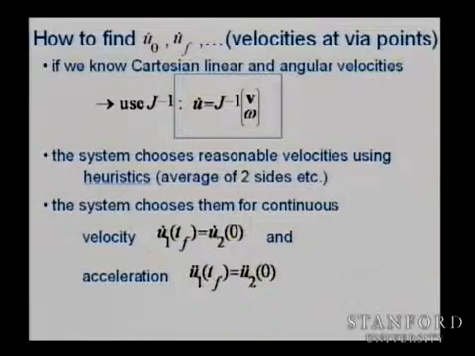So then u1 dot at t sub f will be u2 dot at 0, all right? Because it's the same velocity, and we probably want the same acceleration as well. So then here the second derivative comes in as an additional condition, and we add that to the system, okay?